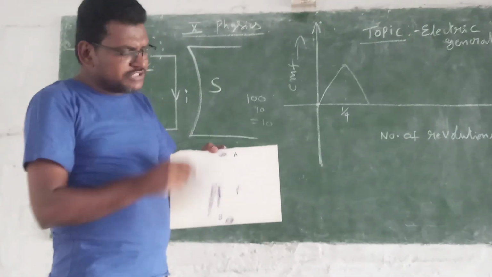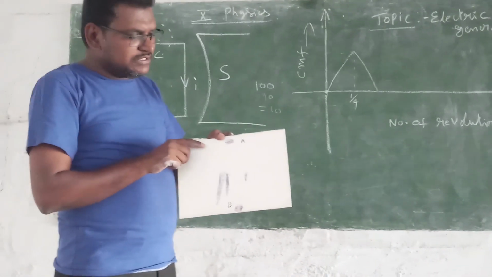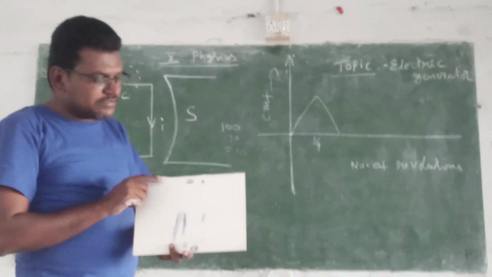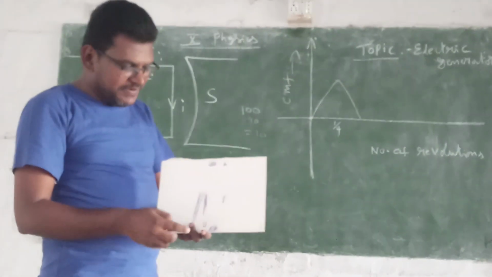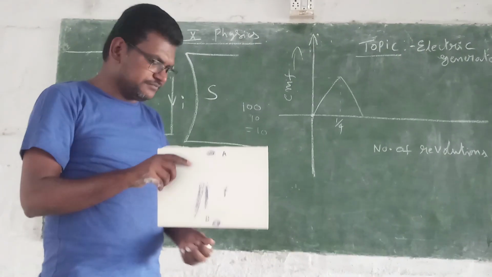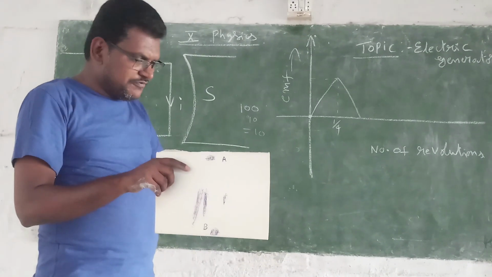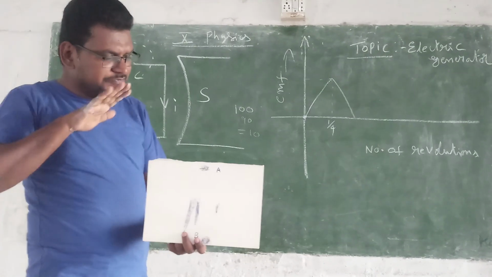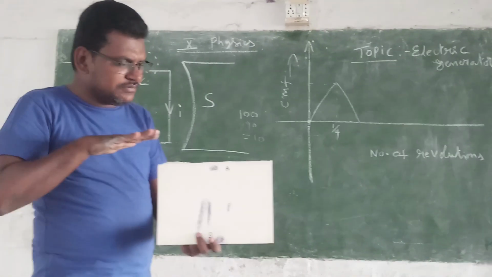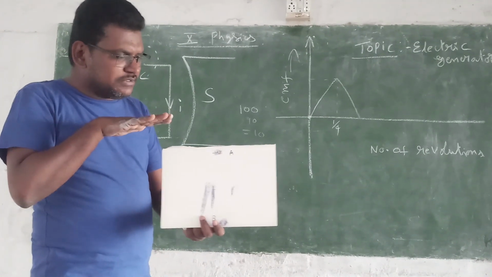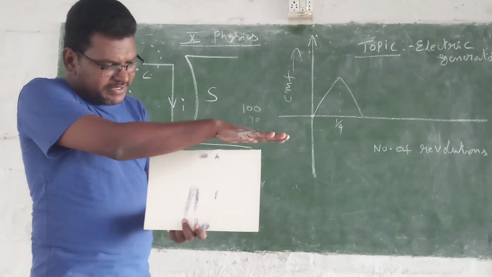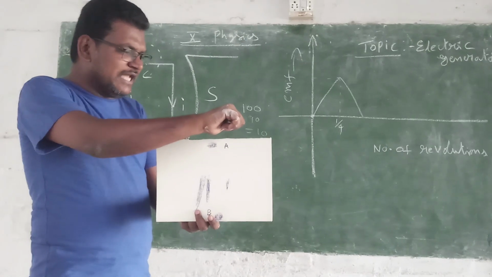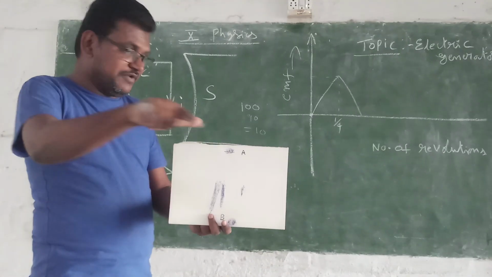The induced current is always in the direction that opposes the original change of magnetic flux. That means see here, more magnetic field lines are passing in this orientation. If a current flows in this direction, the magnetic field produced by the induced current lies opposite to the direction of the original magnetic field.